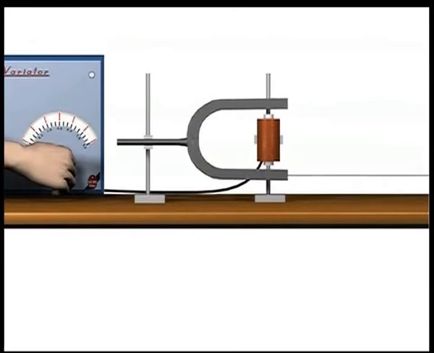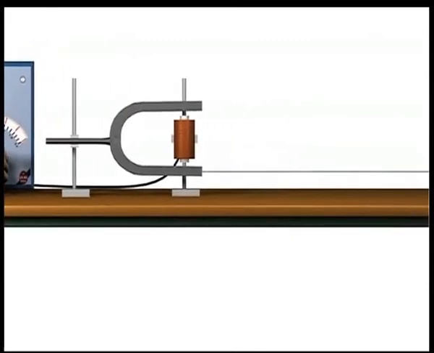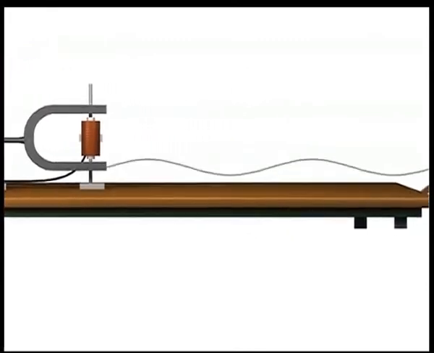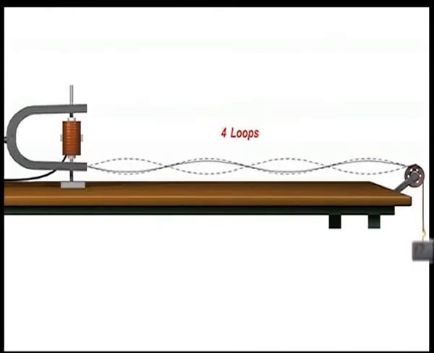So you can see it will induce transverse oscillation in the string, and here you can see there are 4 loops being formed in the string. That means the frequency of this tuning fork is 4 times the fundamental frequency of the string, or it is matching with the 4th harmonic of the string. That's why 4 loops are being produced in the string.